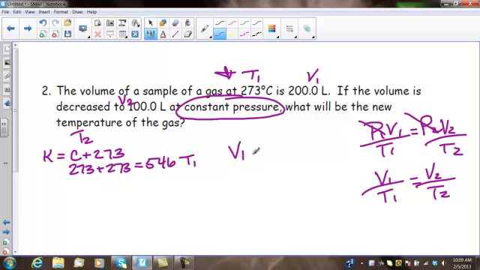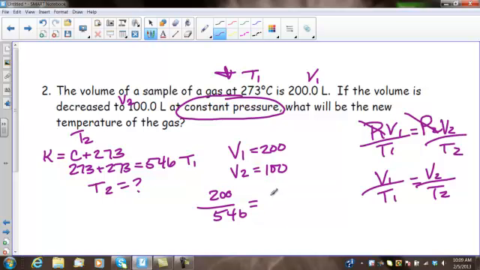So my V1 is 200. My T2 I don't know, and my V2 is 100. So let's set this up. We've got 200 over 546 equals 100 over X. Now, you can think about this logically.